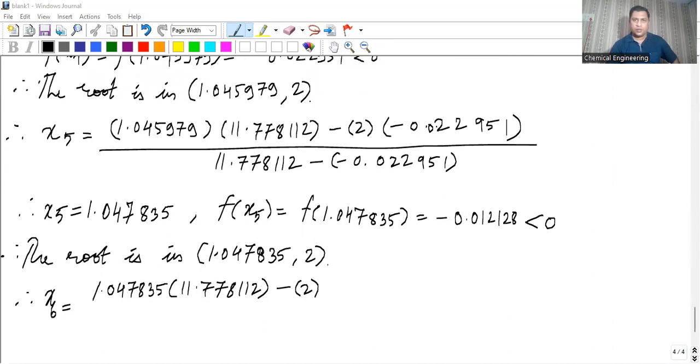I hope any calculation mistake can be eliminated if there is any error. Please use the sign also, so you will not have any problem, and you will get the correct answer.